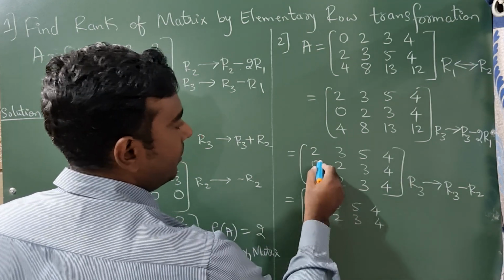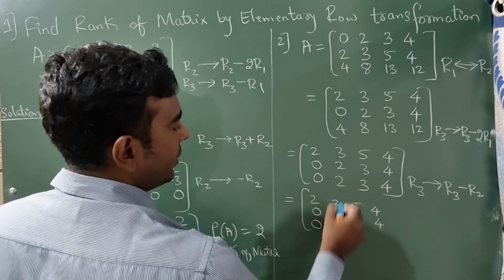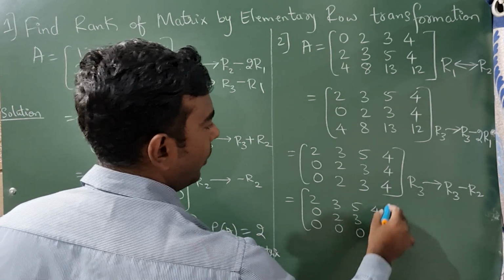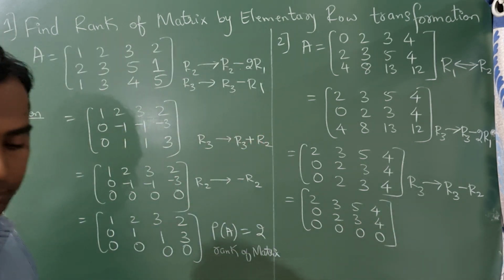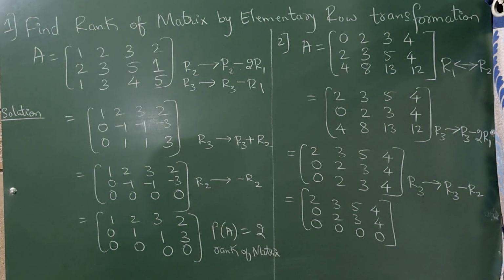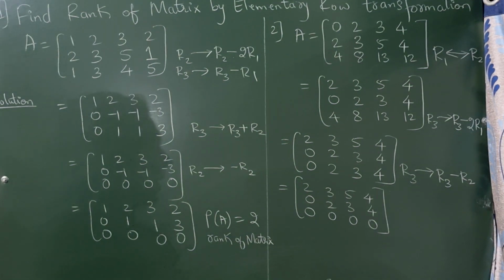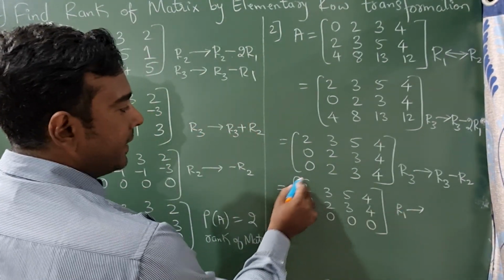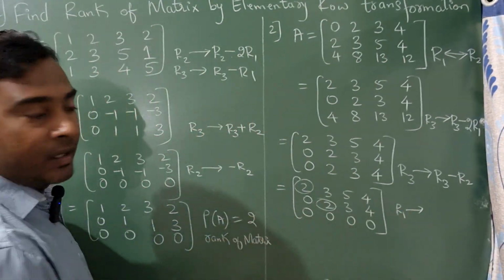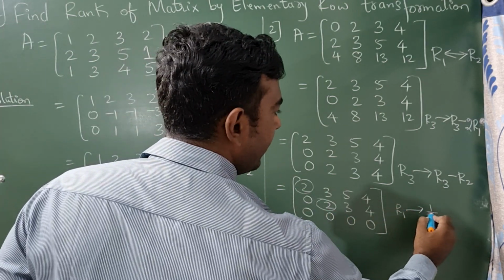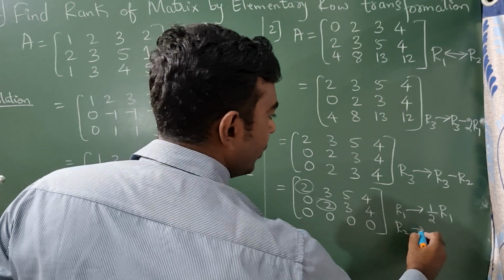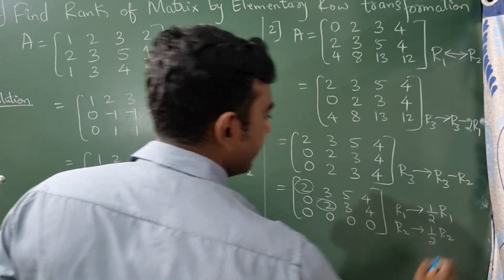So 0 minus 0, 2 minus 2, 3 minus 3 and 4 minus 4. As per the definition, the first entry should be 1. So how to make it 1? Multiply 1 by 2, R1. In row 2, divide by 2. Fine.